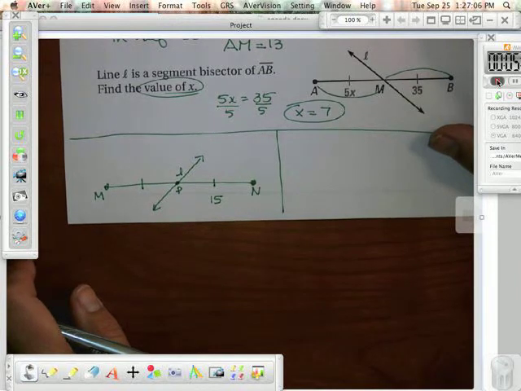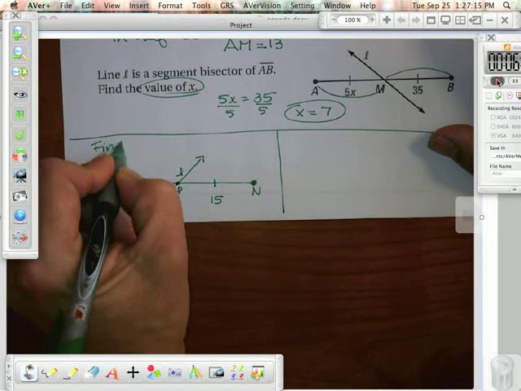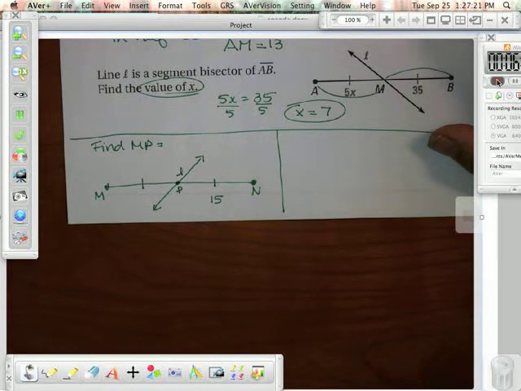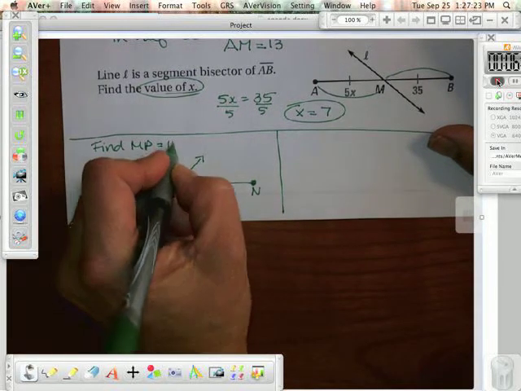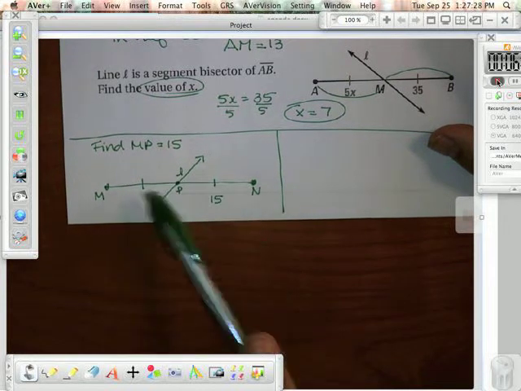The hash marks tell you what? What do the hash marks tell you? That they're equal. So what is MP equal to? 15. MP is equal to 15. Because of the hash marks.